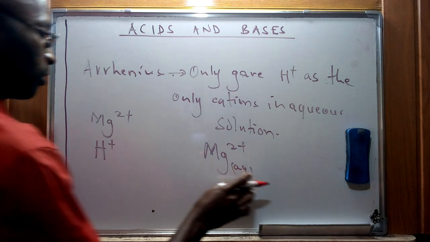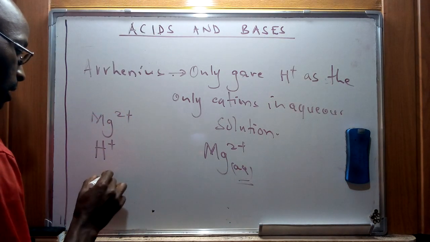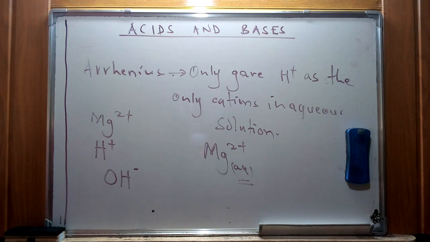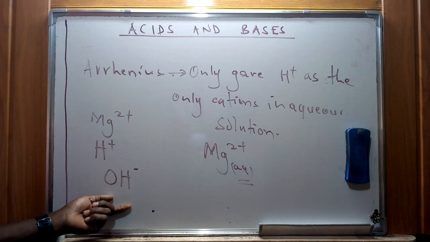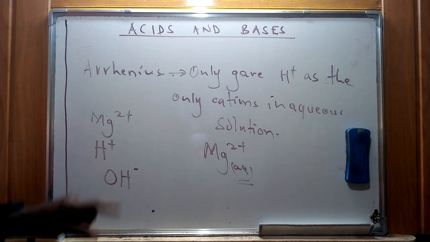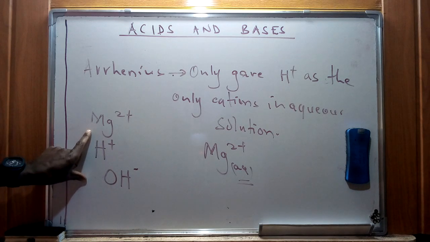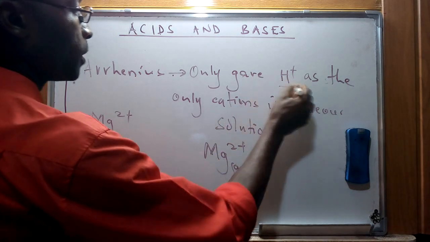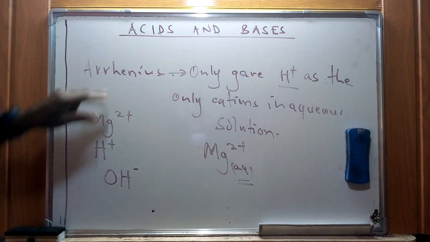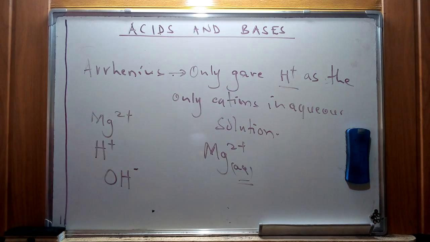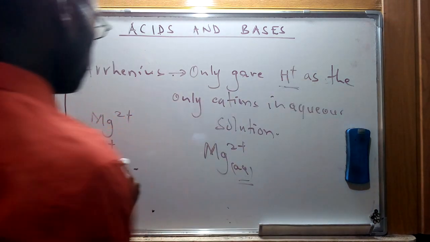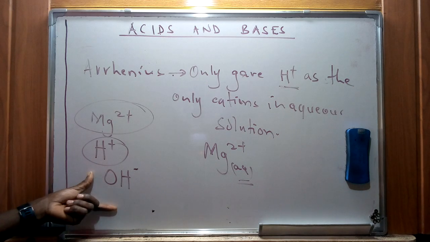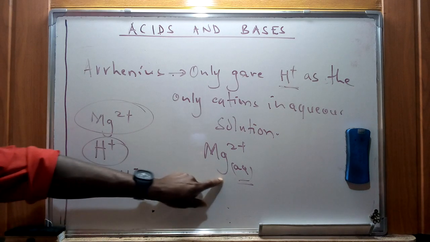It's also going to consist of the OH ions, which are the only negative charge in this case. This solution cannot fall under the Arrhenius definition of an acid since the hydrogen ions are also accompanied by the magnesium ion in this solution of magnesium.